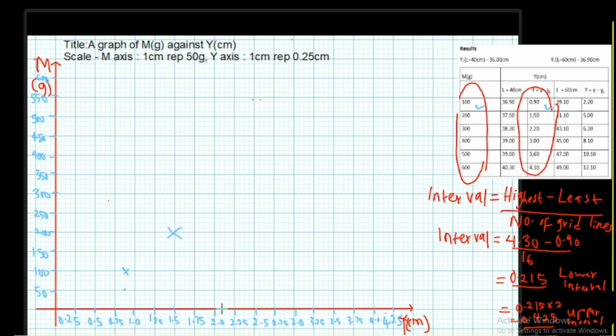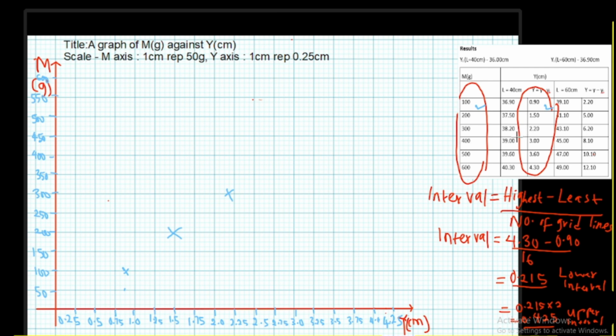Remember, each thin line here is 0.05. So 2.25 minus 0.05 will give you 2.20. So 2.20 should be around here. Trace it up to 300, and we mark the point 300.